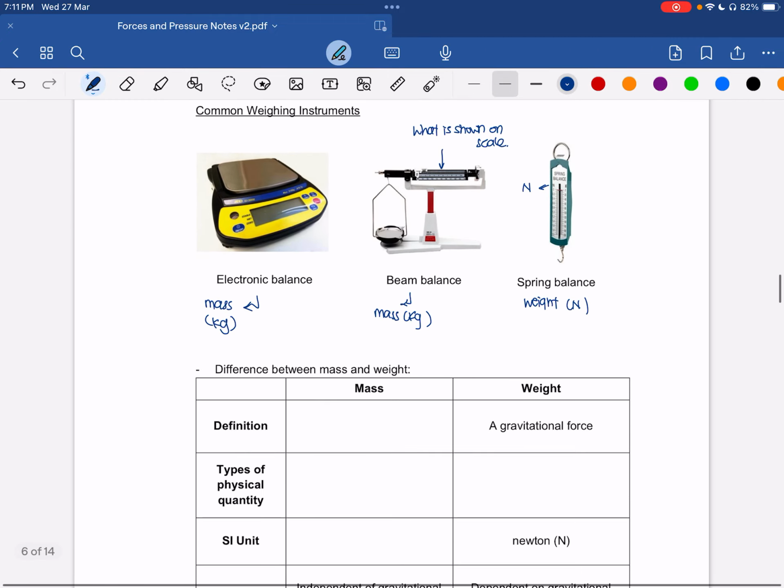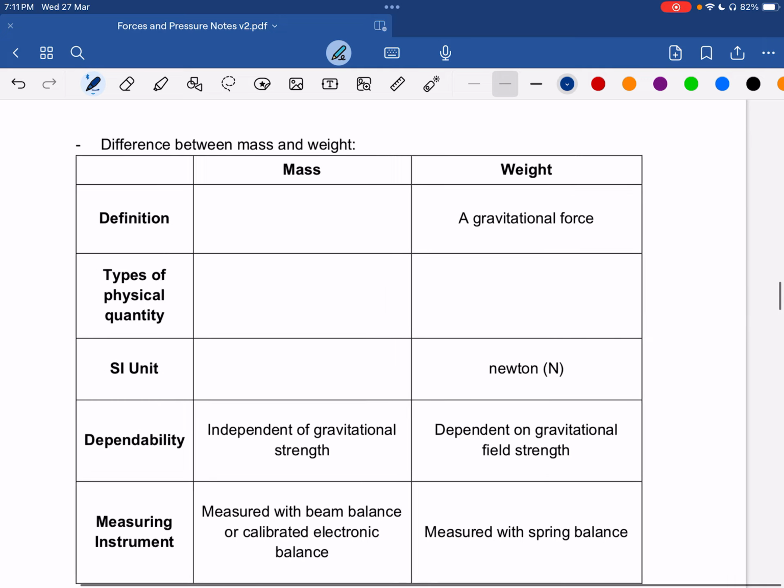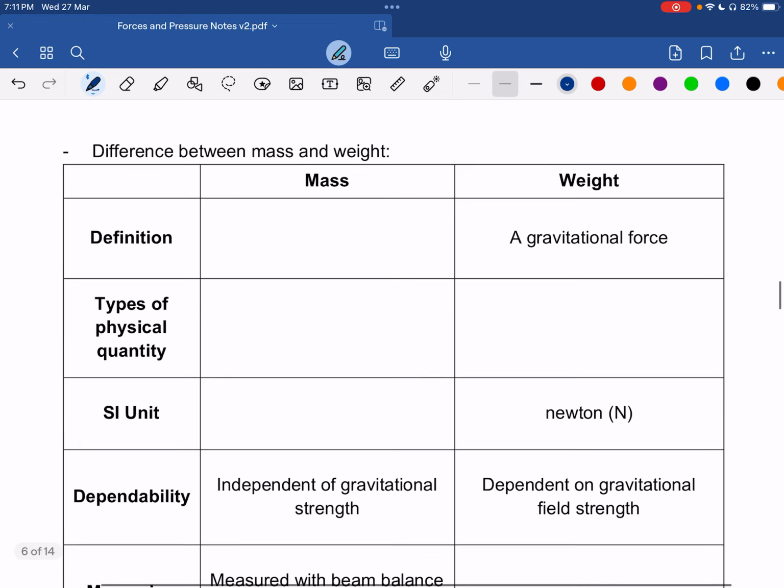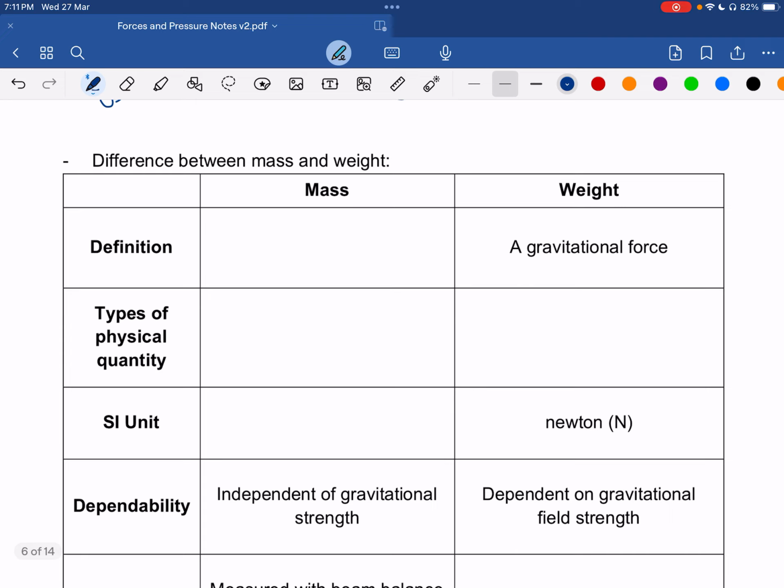Based on this, we can actually list out some differences of mass and weight already. For example, the definition of mass is the amount of matter, then weight is a gravitational force.